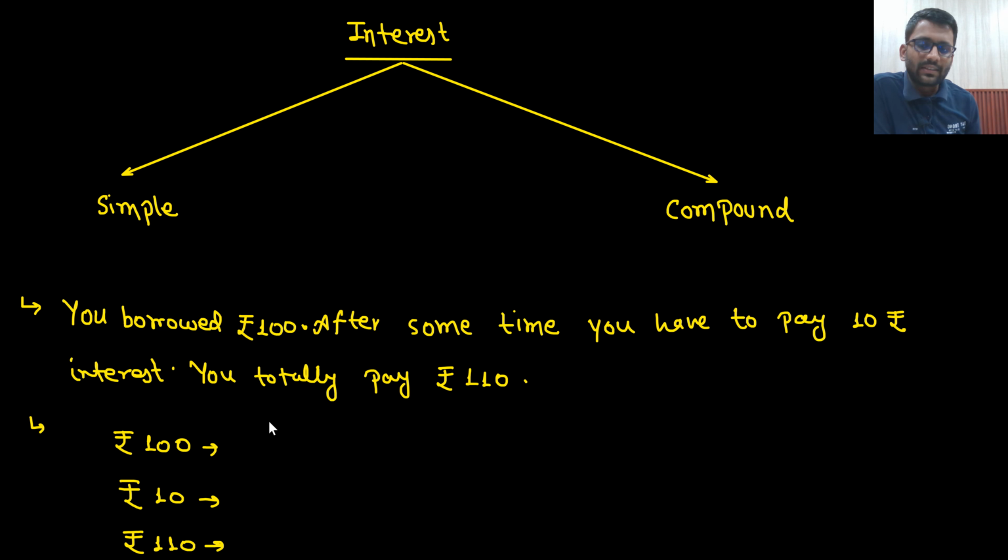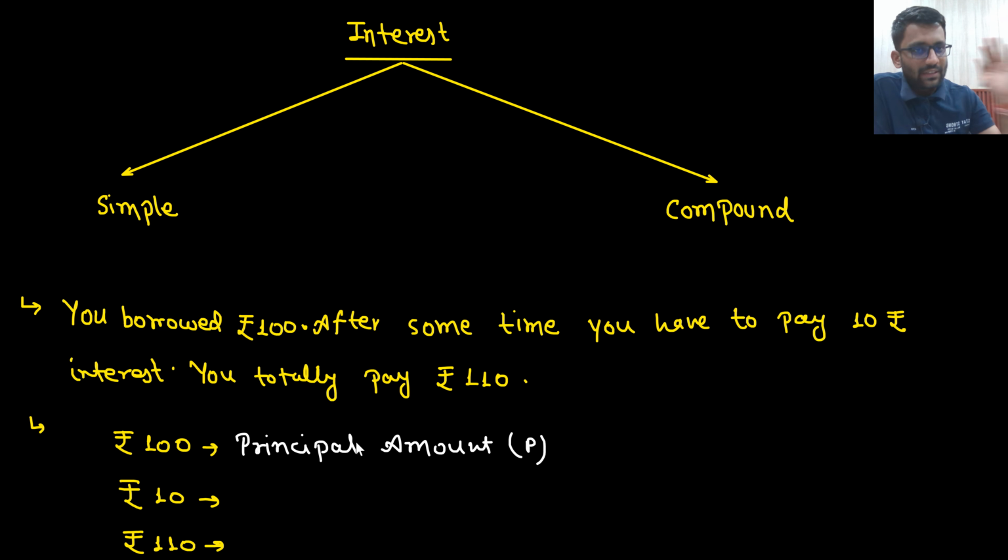So what do you call this 100 rupees? This 100 rupees is known as the principal amount. It is shown by P. Initially it was 100 rupees. You applied some interest, and because of that percentage applied, you have to pay me 10 rupees extra.